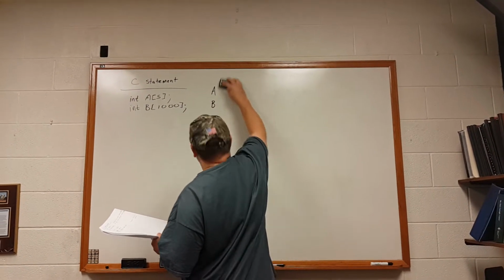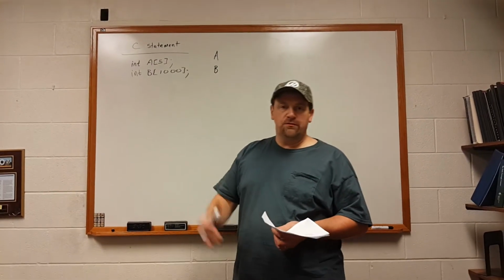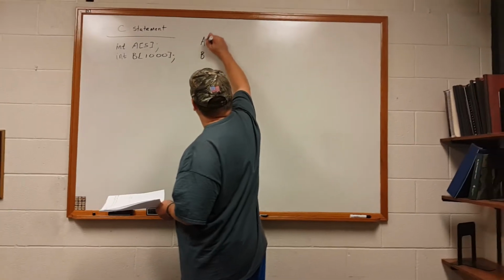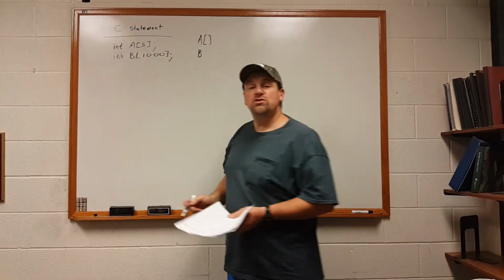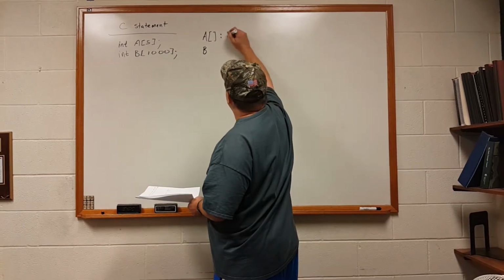A is an array. Now when I say A of 0, I mean the 0th element of the array. I'm going to say that the array A is going to be associated with R9.